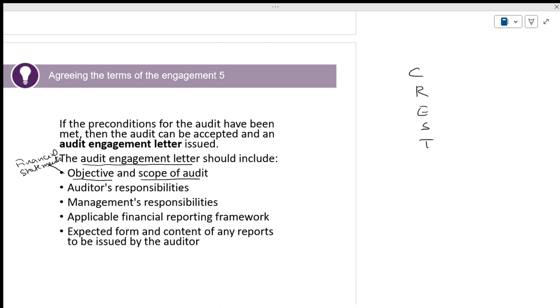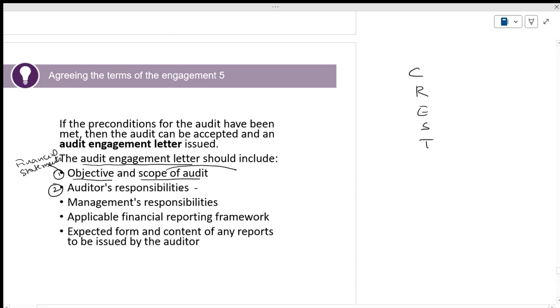Next, the scope of the audit. The scope of the audit is what we are doing in the financial statements: the income statement, financial position and related things. What is the auditor's responsibility? What auditors will do and what auditors will not do.